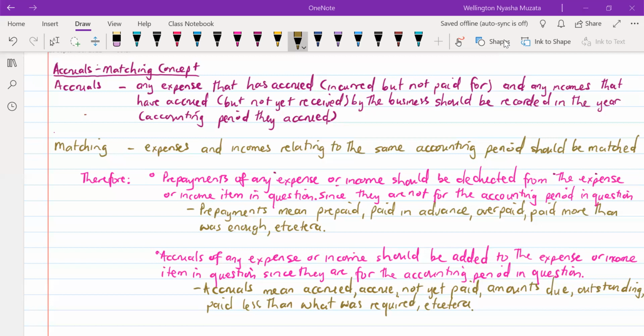Accruals mean accrued, accrue, not yet paid, amounts due, outstanding, paid less than was required, etc.